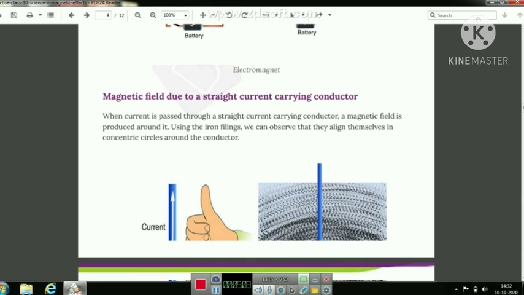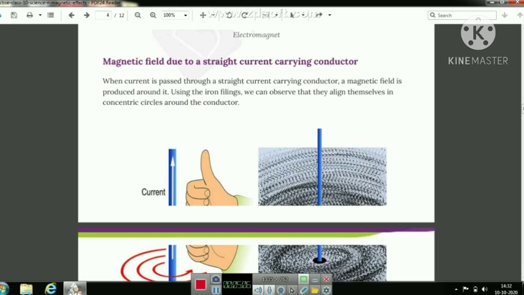carrying electric current. Now, when current is passed through this straight conductor or wire, using iron filings we have to check the magnetic field pattern around it.